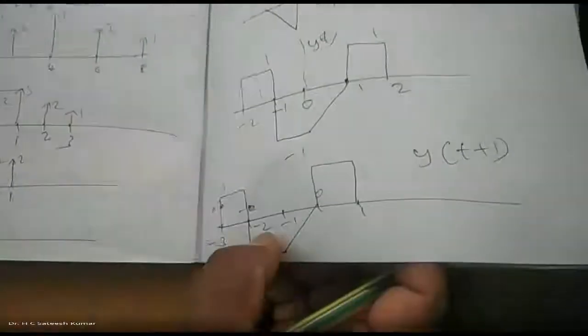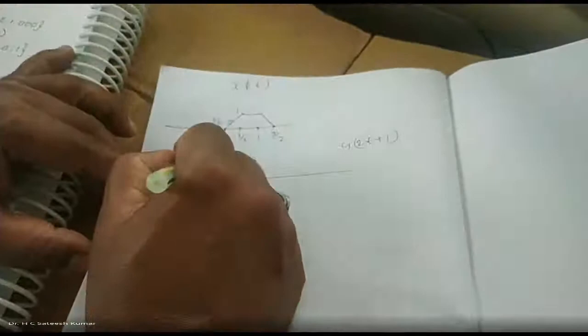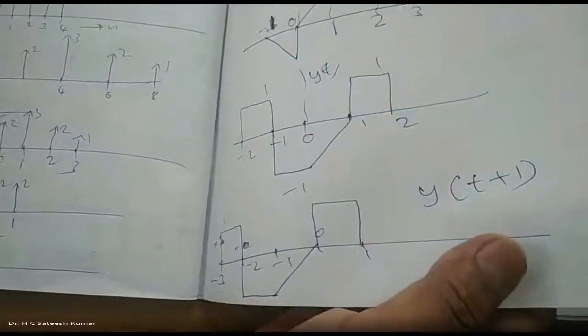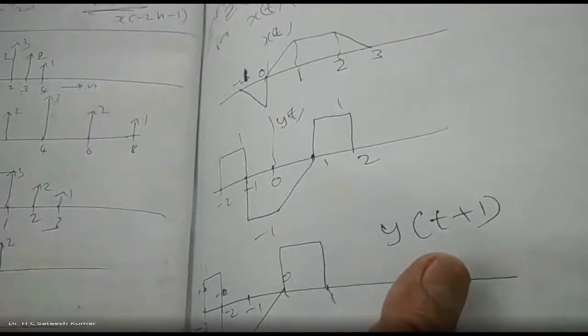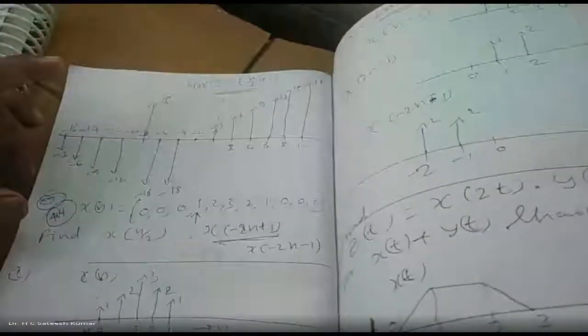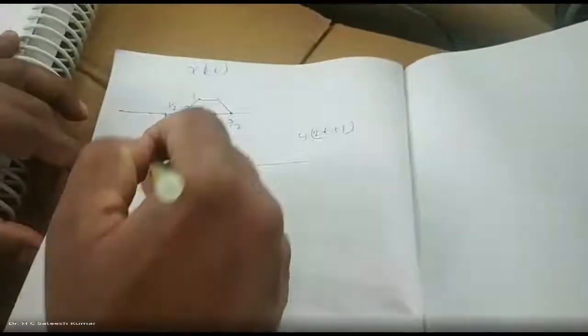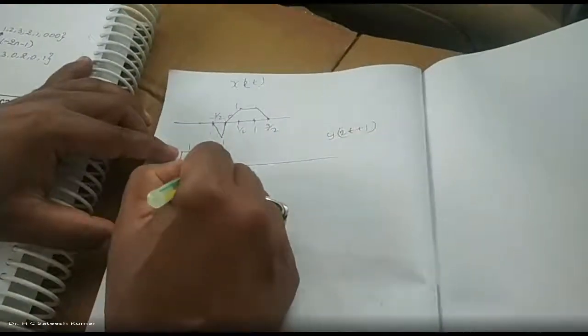Next, 2t is equal to minus 2. Therefore, t is equal to minus 1. At minus 1, its value is... 2t is equal to minus 1. Therefore, at this point it will come down. Next, 2t is equal to minus 1. Therefore, t is equal to minus half. At minus half, you will get like this up to this point. 2t is equal to 0.